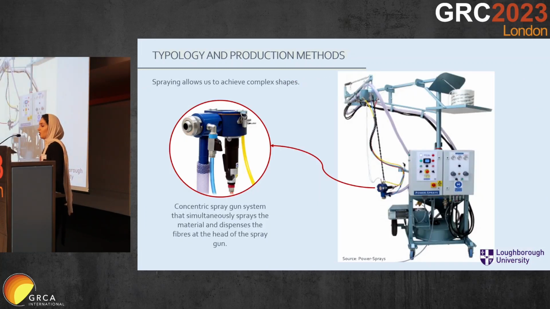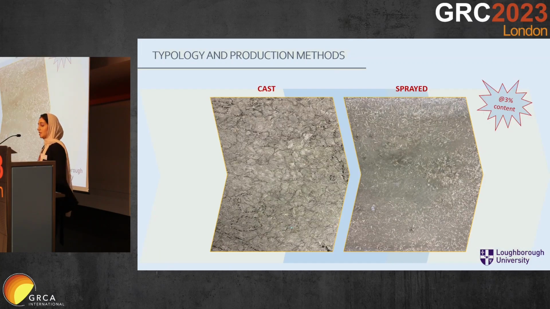So this is why we opted for the GRC system, but obviously instead of the typical mix you'd use with the GRC, we are applying the UHPC mortar and then spraying the fibers at the end using the concentric spray gun system. You can see by doing this, we're able to work towards a very workable mix design, which will help to keep that geometric stability.